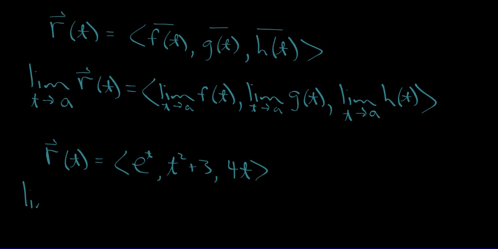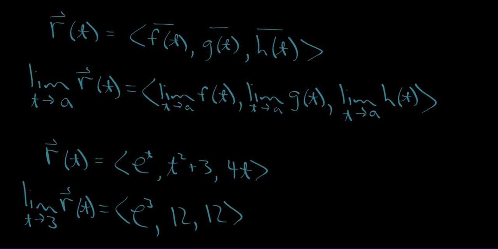And we talk about the limit as t goes to 3. Well, you know how to evaluate a function. The limit of e to the t as t goes to 3 is e to the 3. Here you have 3 squared plus 3. That's 9, that's 12, right? And then 4 times 3 is 12. So there is the limit.